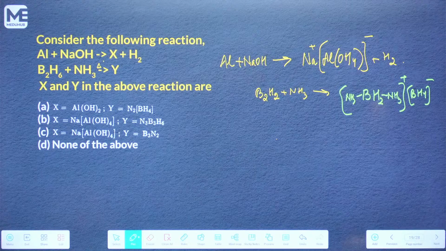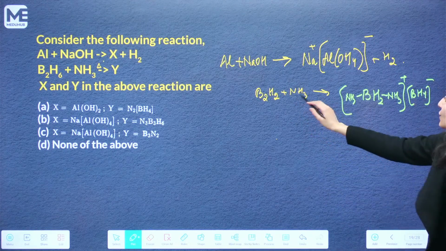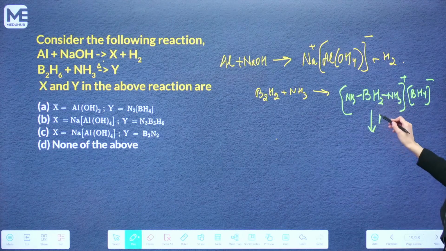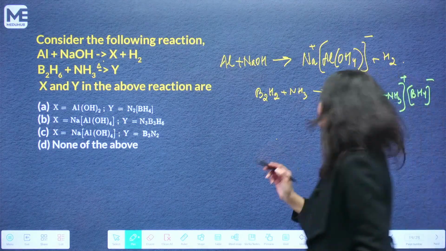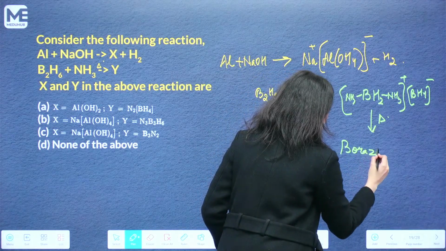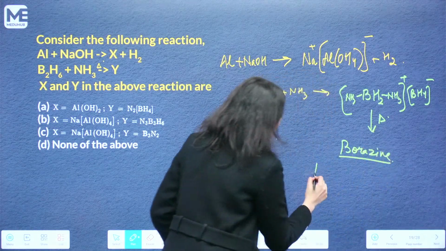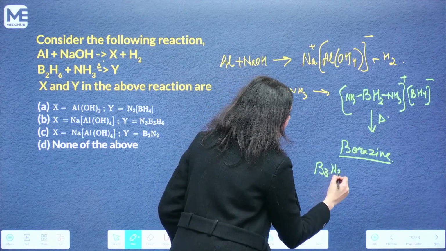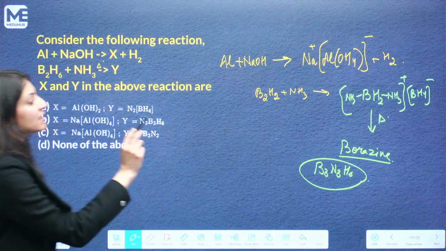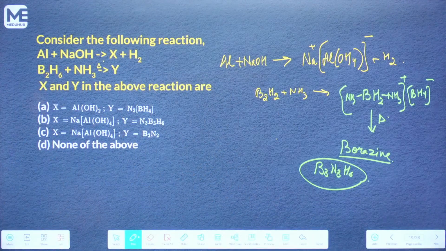Right. So when diborane reacts with an excess of ammonia, we get this ionic complex, which on heating gives us a very interesting molecule which is called borazine. So borazine is B3N3H6. We'll talk more about borazine. There's another question coming up where we will talk about the structure of borazine.